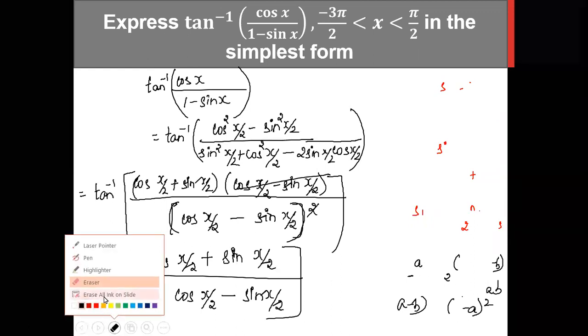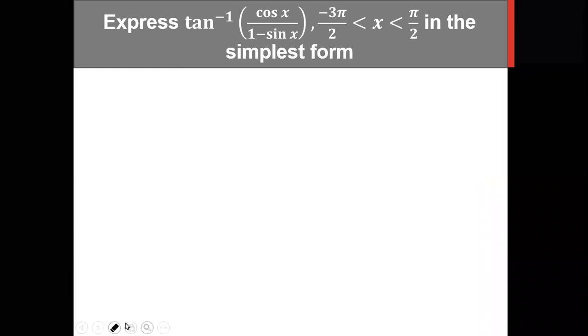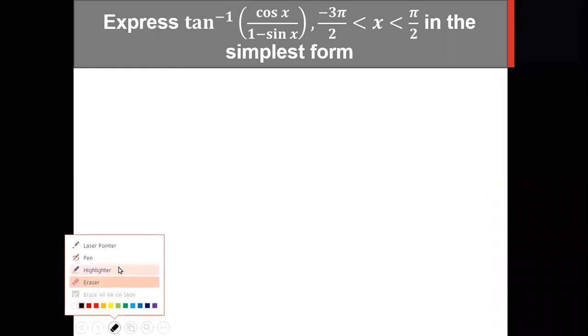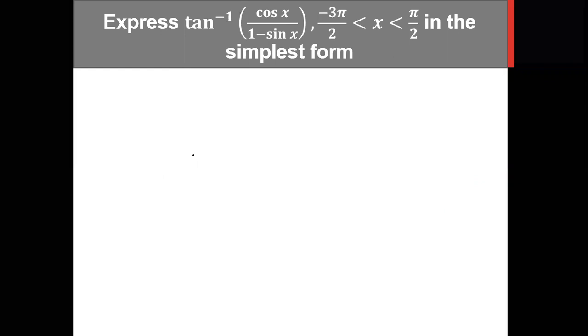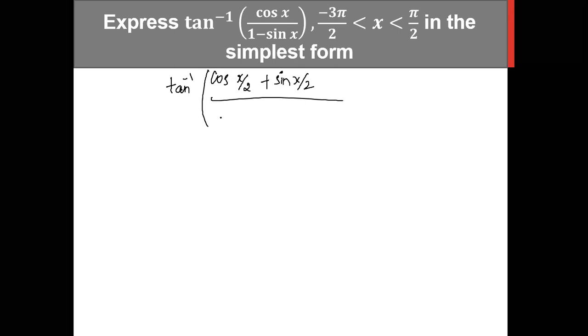I hope you have taken it. So now we'll be left with tan inverse of cos x by 2, not minus, sorry, plus sin x by 2 divided by cos x by 2 minus sin x by 2.